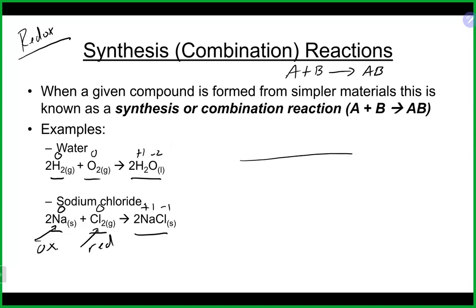When I look at hydrogen, hydrogen starting at 0 and ending at +1. What's happening with hydrogen? It's being oxidized, yeah? That means by default, oxygen is being reduced, right? We could also see that the oxygen starting at 0, ending at -2, right?